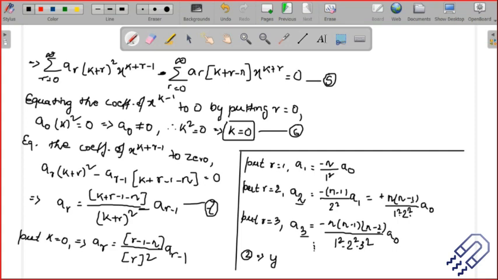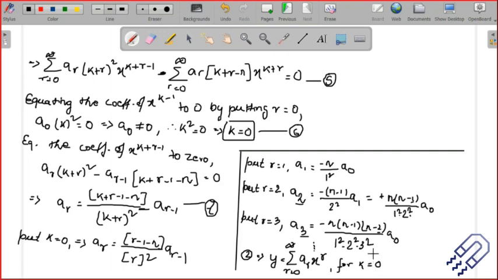So y is equal to summation r is equal to 0 to infinity, and that was our series. If you remember, this is a_r x to the power k plus r. Now k is 0, so that means it will be just x to the power r, for k is equal to 0. So this is the case that we have.